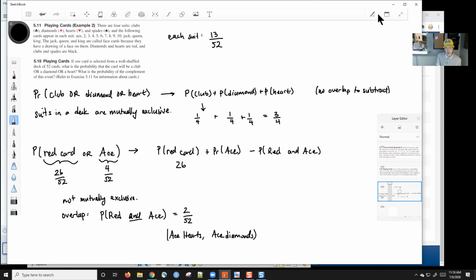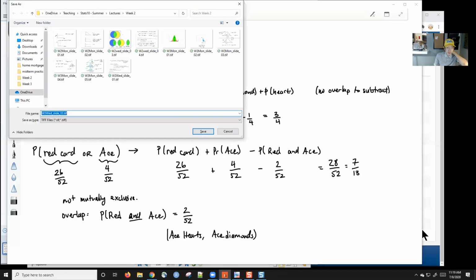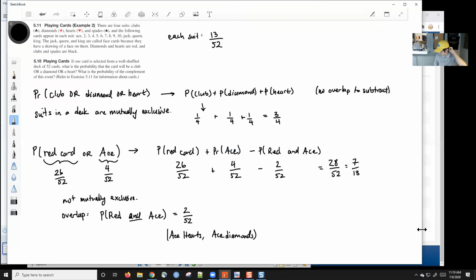So we've got 26 plus 4 minus 2, which leads us to a total of 28 out of 52, which is 7/13. This will be our answer here. So that's a beginning example.